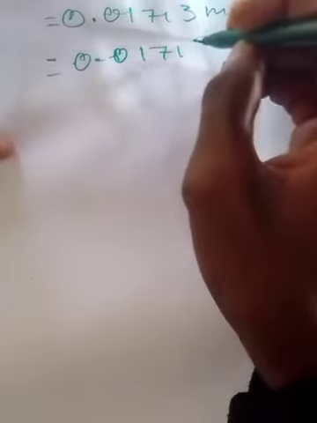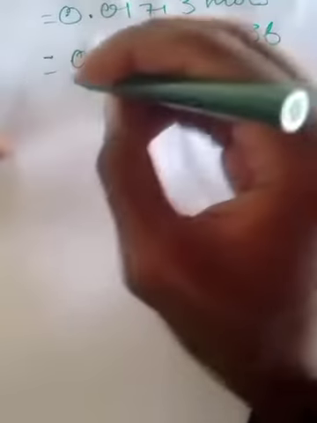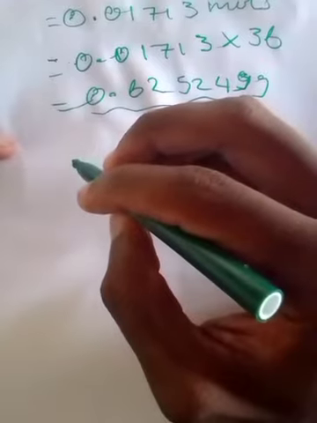If they told you to find the mass of hydrochloric acid that was used up, you can find the mass of the moles that were used up. So you can just say 0.01713 times 36, and that's going to give you 0.625245 grams. So if they told you to find the mass of hydrochloric acid that was used up, this is what you'd give.